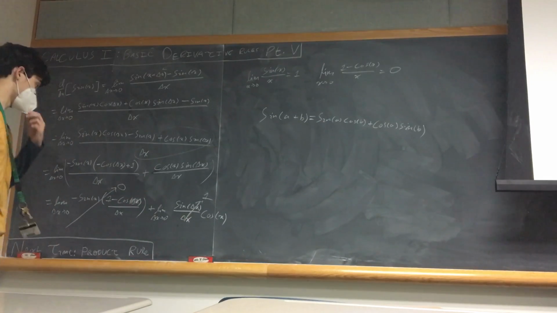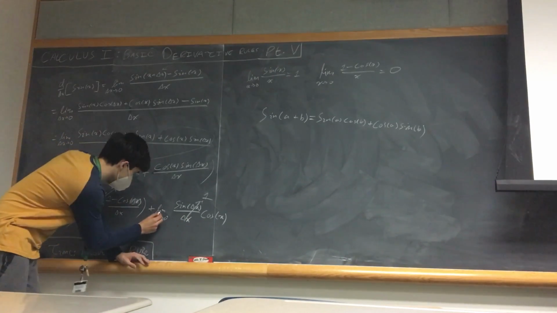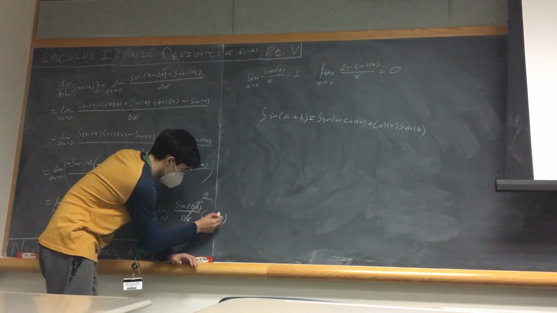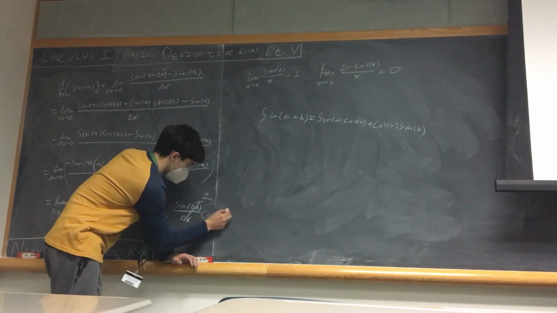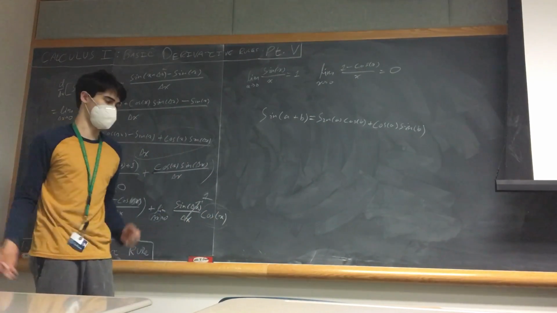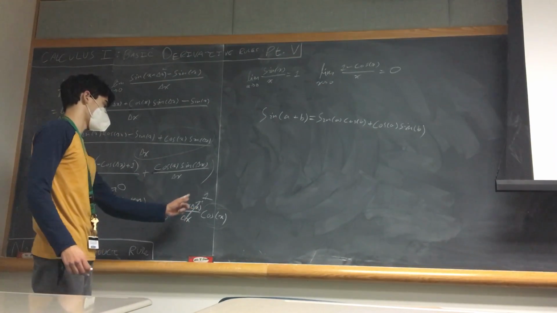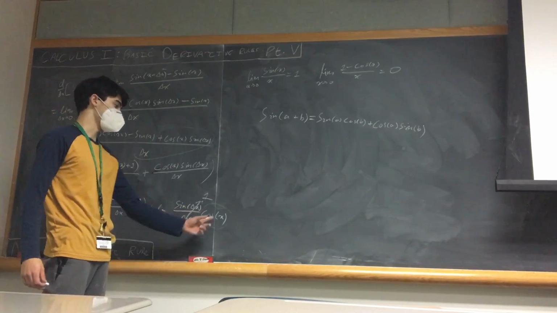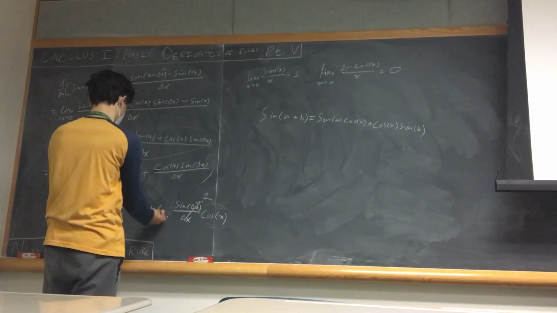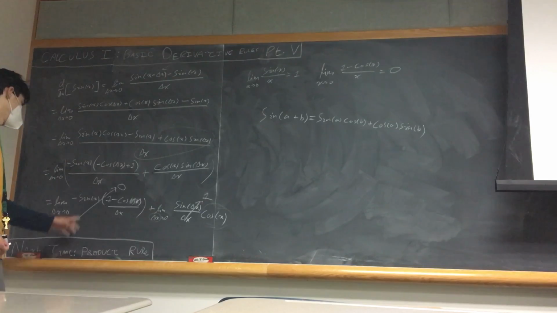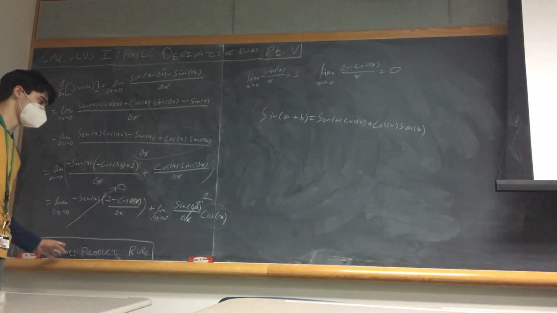And in terms of this problem, you see we're taking the limit as delta x approaches 0. We can treat this cosine of x as a constant in this problem. If we were to plug delta x in directly, we would end up with sine of 0 over 0 times cosine of x, because the x isn't the variable that we're working with. We're working with delta x here. And same here with this negative sine of x.